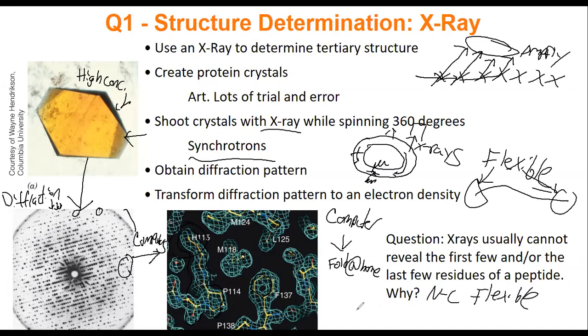In a crystal, you need to have the same geometry for this to work, i.e. no movement, no different positions. The position has to be the same. So any questions about X-ray crystallography?